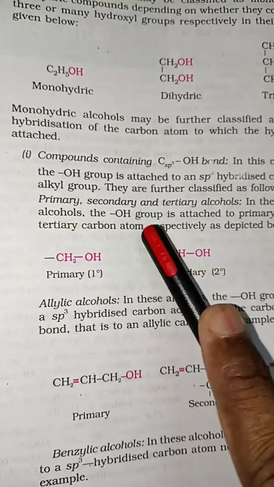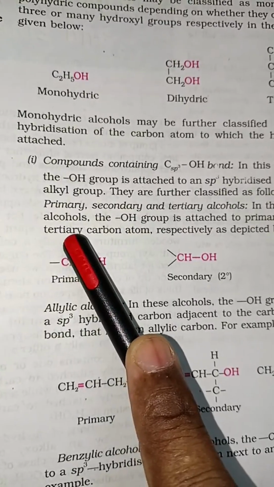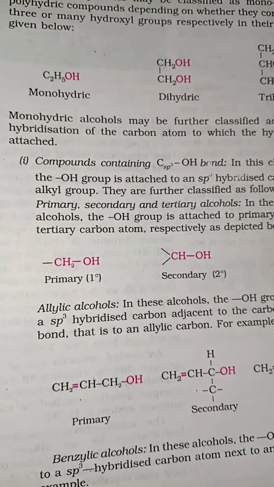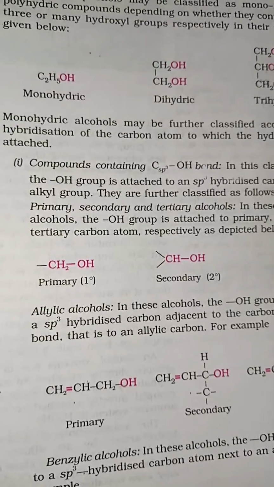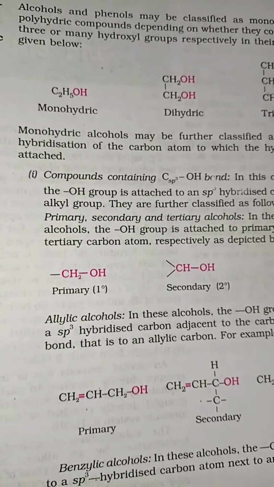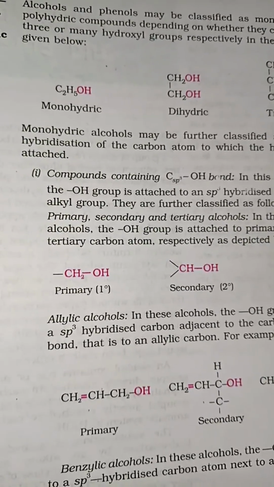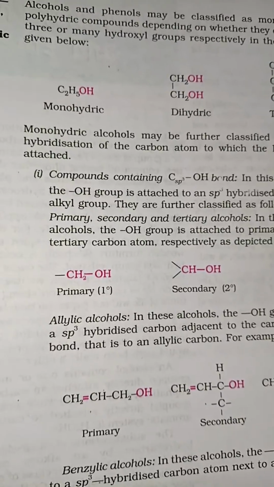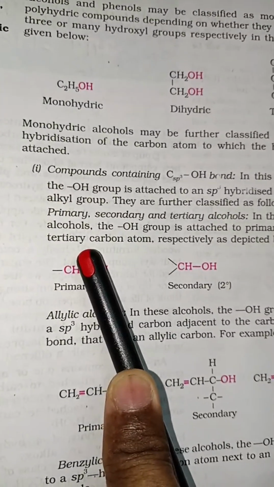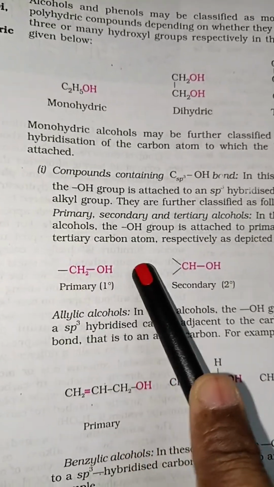The first one is primary, secondary and tertiary. In these three types of alcohol, the OH group is attached to the primary, secondary and tertiary carbon respectively.